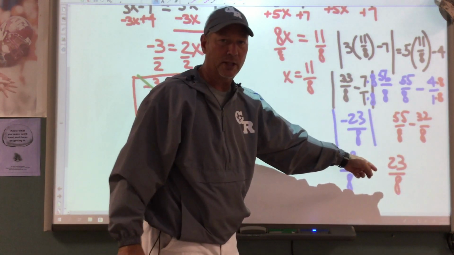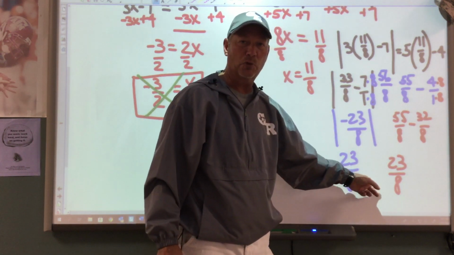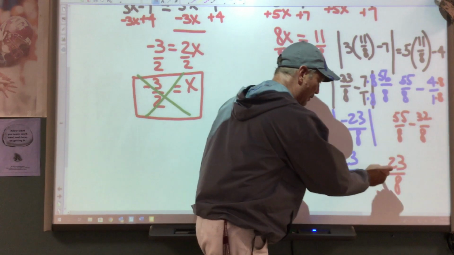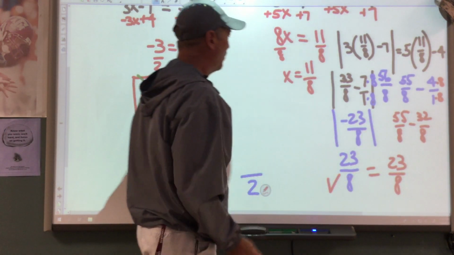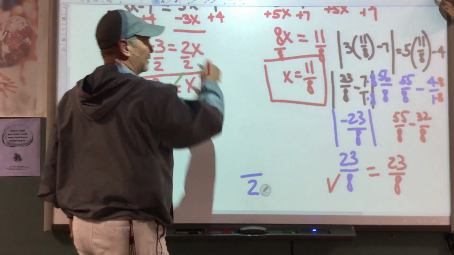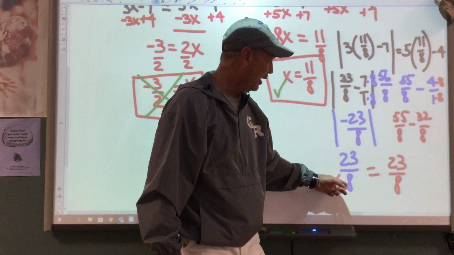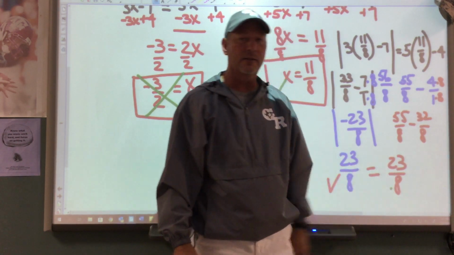That's a positive 23. So does positive 23 over 8 equal positive 23 over 8? Yes, it does. So my answer of 11 over 8, when I substituted it in, it made a true statement of 23 over 8 equals 23 over 8.